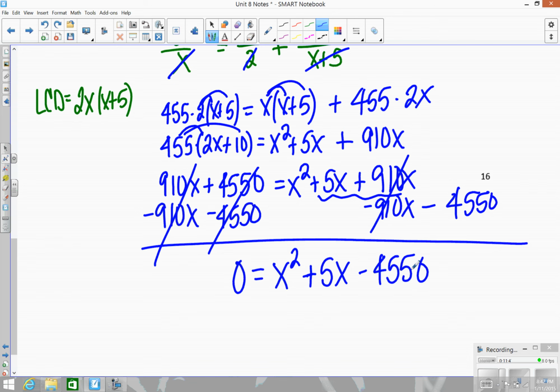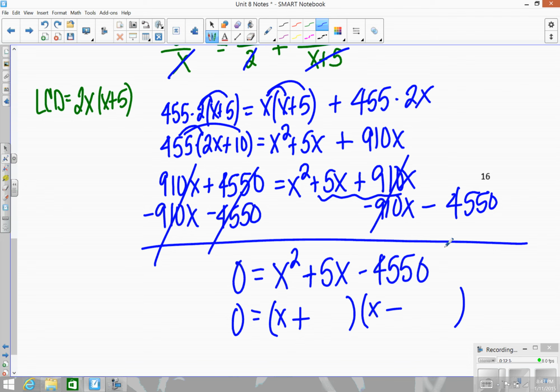And now we need to think of factoring. If these numbers are too difficult to find factors of, remember you can always use completing the square or the quadratic formula. I'm going to go ahead and factor though. I'm going to have opposite signs because I'm multiplying to a negative. And since this ends in a 0, I could probably divide it by something that has a 5 in it.